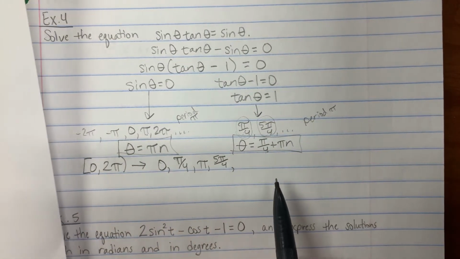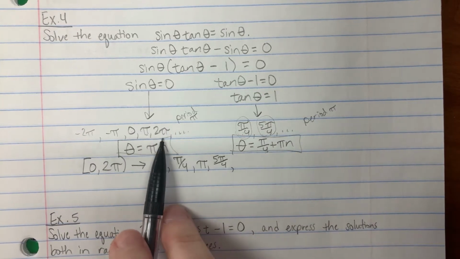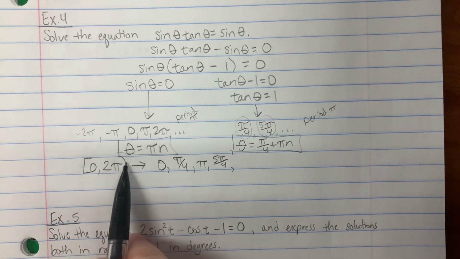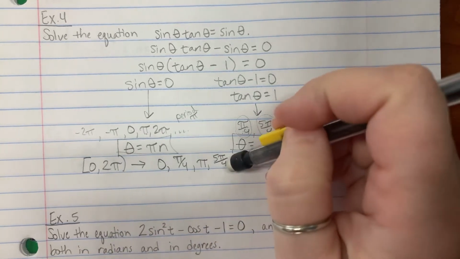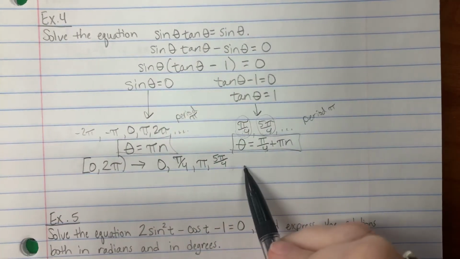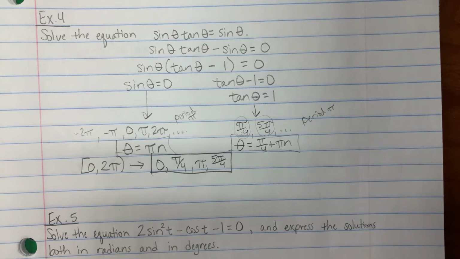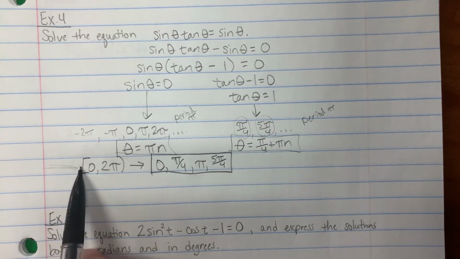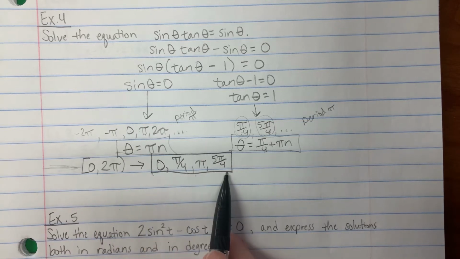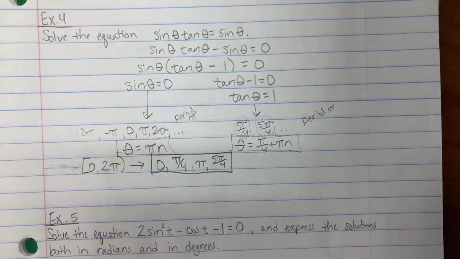And then the next one would be 2 pi, right? But remember, this is an open parenthesis right here, so it really only goes up to that one. I don't have to put that last one of 2 pi because that's open. In your book, in your homework, most of them are following this set right here, where you just give me everything that fits this scenario on the unit circle, right?